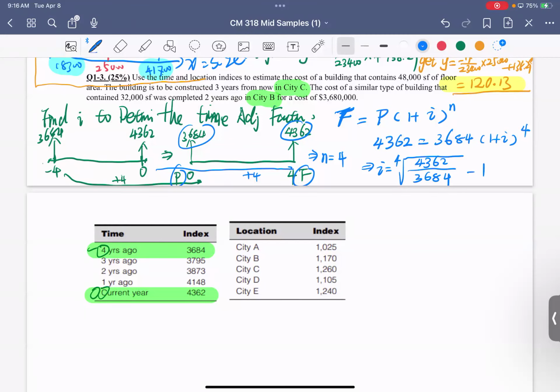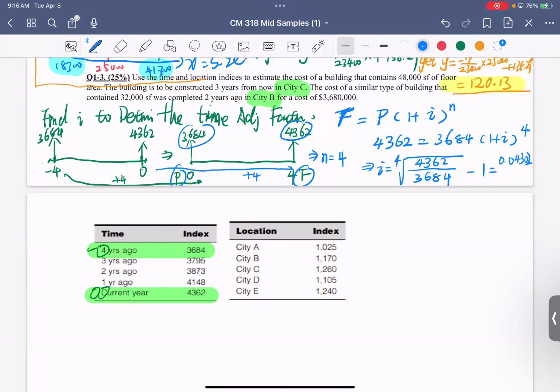Is that correct? So what do you get for I? You are right. You get 0.043018, or 0.0430, right? Doesn't matter.